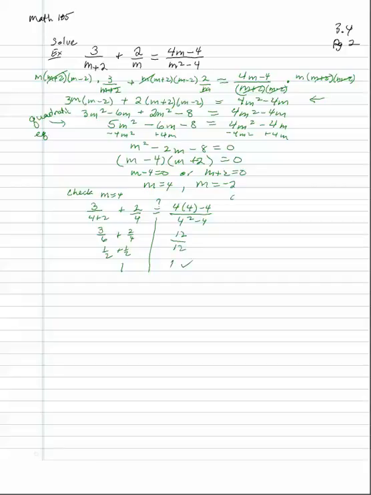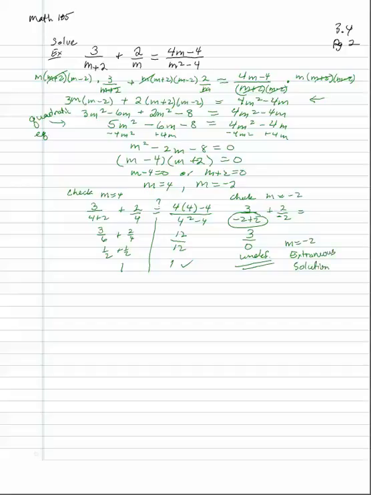Now we're going to check m equals negative 2. We plug in 3 over negative 2 plus 2, and right there's the problem. This is 3 over 0, which is undefined, so you can't use it. So m equals negative 2 is what's called an extraneous solution, meaning we got to throw it out.